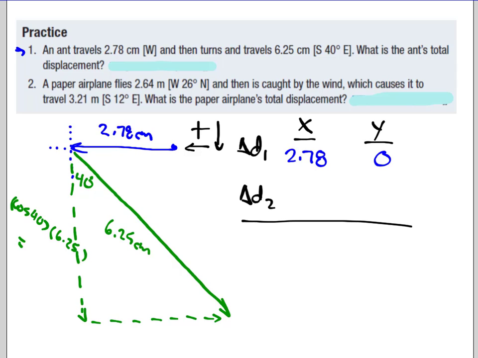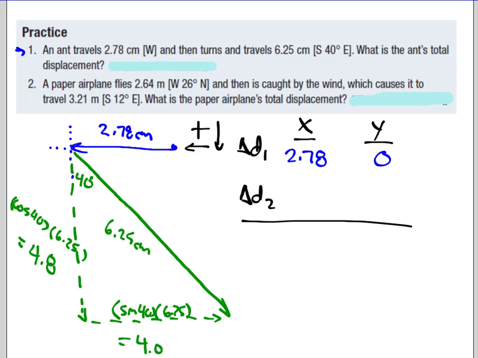So if we grab our handy dandy calculators and go cos 40 times 6.25, I should get 4.8. Okay, and then down here we would have sine 40 times 6.25. So sine 40 times 6.25, and that's 4.0 we'll say.